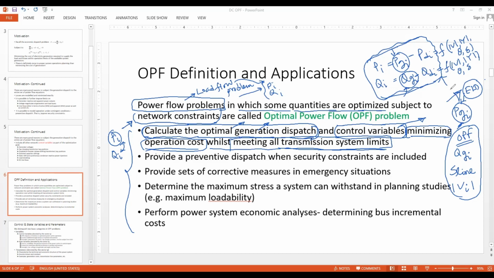Okay, and besides that, there are other variations. This is the basic statement of OPF, the first one over here. The other choices could be that by OPF, we can also include some security constraints, and we may plan beforehand for a preventive dispatch.